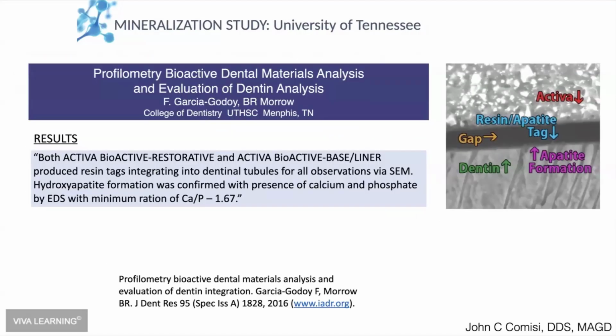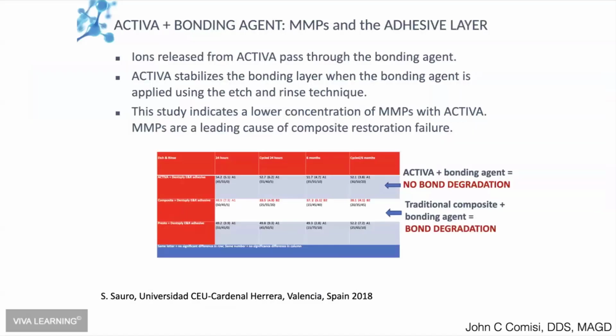More papers from University of Tennessee showing that the Activa products were able to create the resin tags as illustrated in the right-hand micrograph that you see there. So this is something that's continually being shown over and over again.